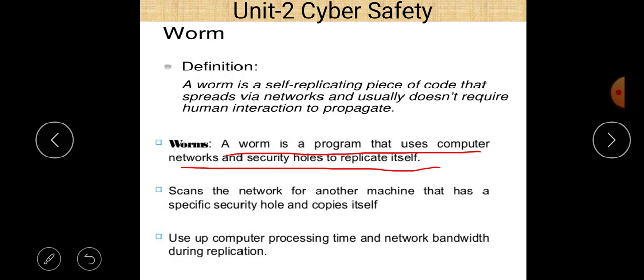It scans the network for another machine that has a specific security hole and copies itself. The third point regarding worms is that they use up computer processing time and network bandwidth during replication.